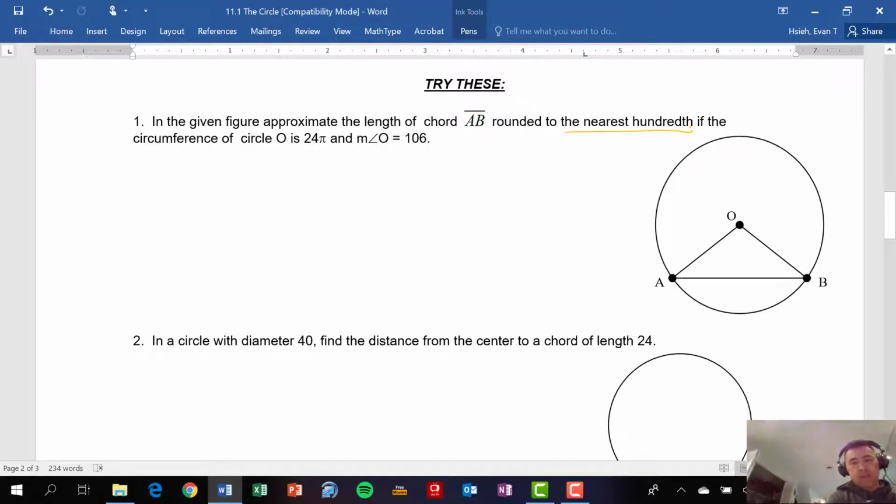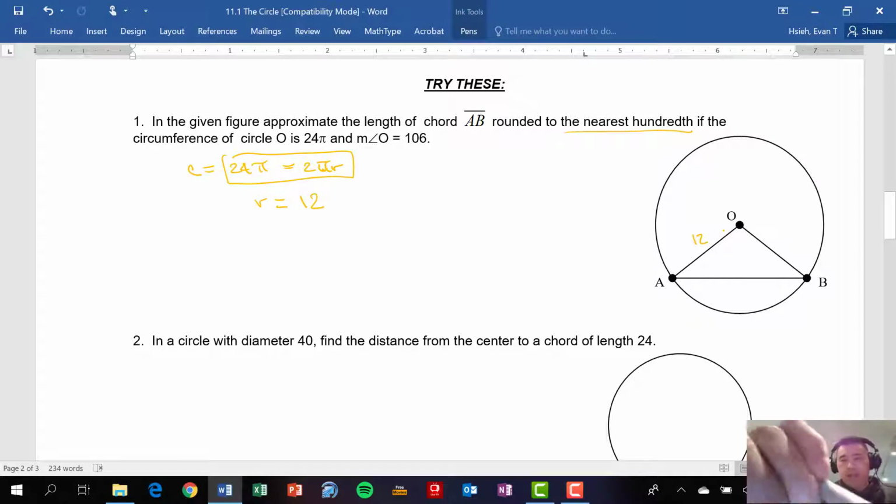If the circumference of the circle is 24 pi, we know that the formula for circumference is 2 pi r. And so we can solve for r. The r is going to be equal to 12 in this case. So we know that this is 12.